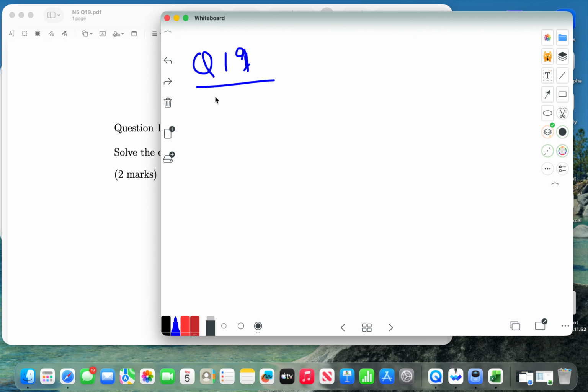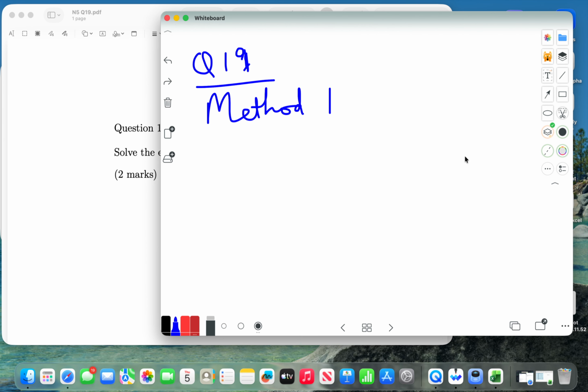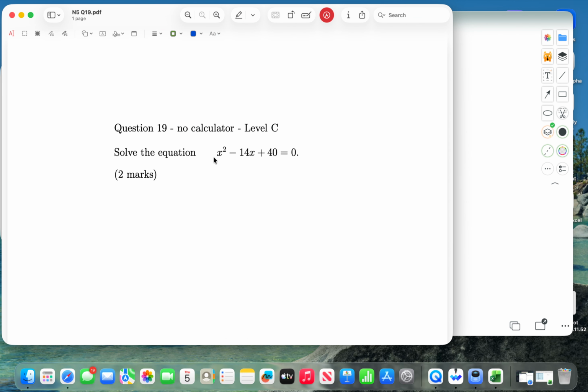So I will do method 1 to start with. We have to factorize x squared minus 14x plus 40. Essentially, we need to fill the spaces in the brackets. Now, the coefficient of x squared is 1.